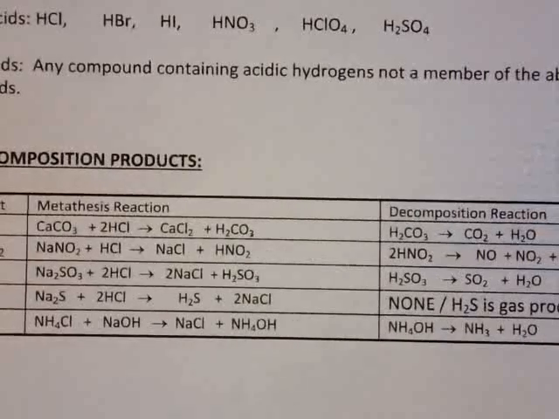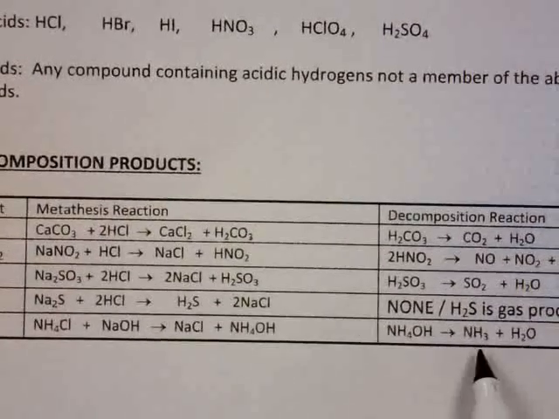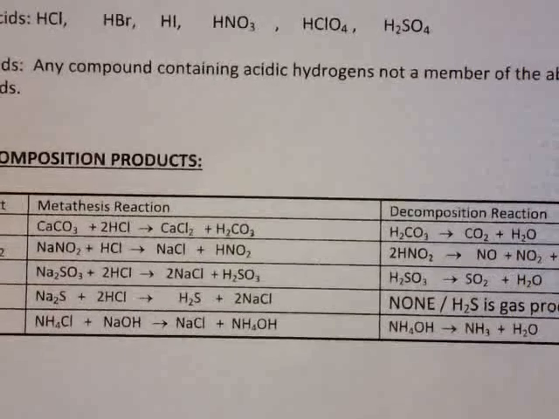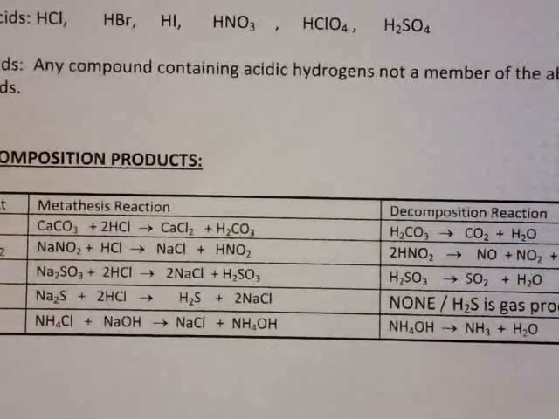All right, now, as I said, ammonium hydroxide is going to be your weak base. Then you must substitute NH3 gas plus water liquid into the position for that compound. Okay.